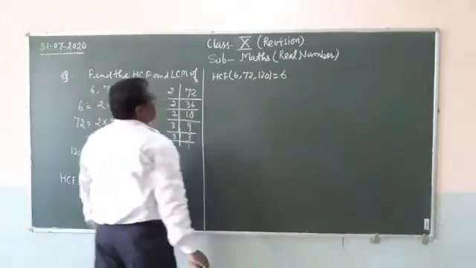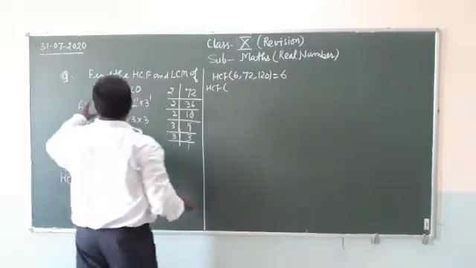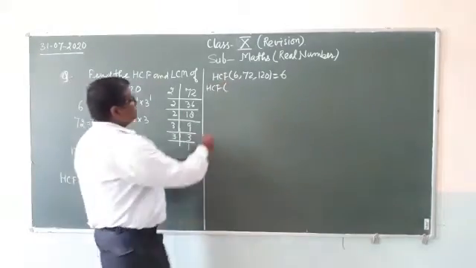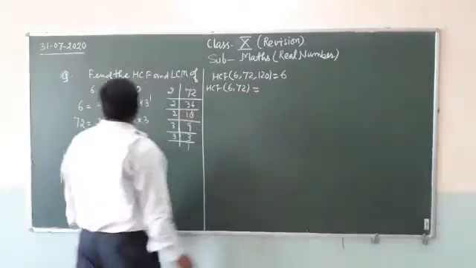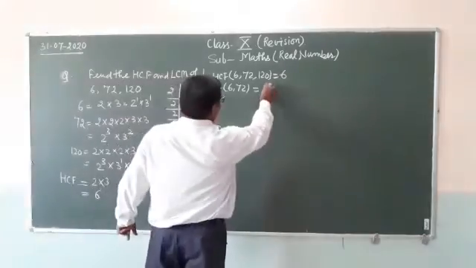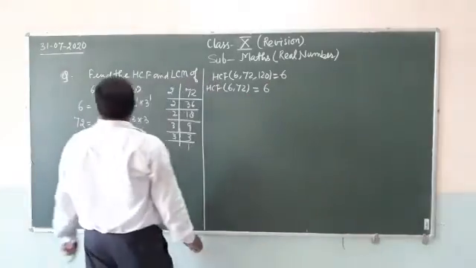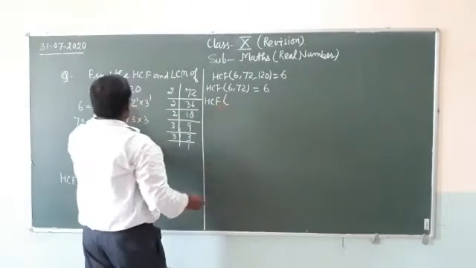Now the HCF of only 6 and 72 is equal to 6. Now the HCF of 72 and 120.